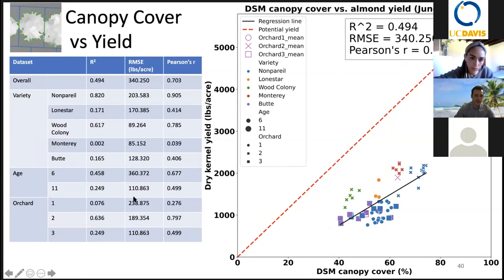And one thing that I wanted to mention is that although we tried different genotypes of almond, one genotype is the major genotype, and that's Nonpareil. And if you look here, for Nonpareil only, we can get an R-square of 0.82. That's an amazing prediction model.